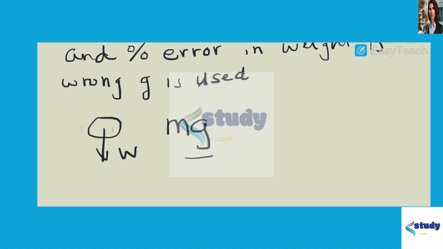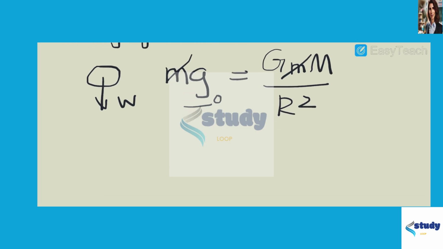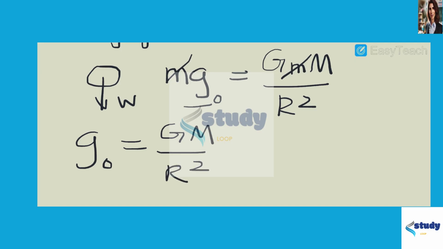So in the instance where mg is at the surface of the Earth, this g will simply be g0, and we know that this is going to be equal to the universal gravitation constant, the mass of the object, the mass of the Earth, divided by the radius of the Earth squared. So by canceling out the masses, we see that the gravity at the surface of the Earth is big G, the mass of the Earth, over radius of the Earth squared.